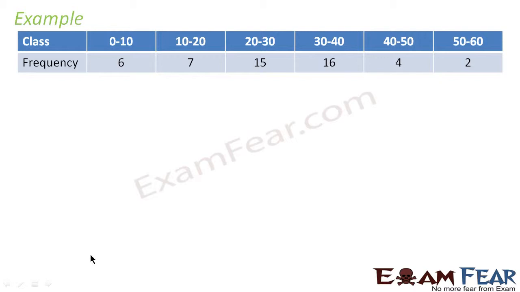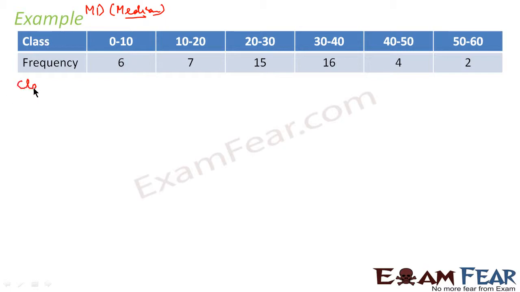So let's take an example. Here we have the classes 0 to 10, 10 to 20, 20 to 30, 30 to 40, 40 to 50, 50 to 60, with frequencies 6, 7, 15, 16, 4, 2. Here we have to find the mean deviation about median. So first thing is we have to find the median. To find the median, let's write this in this form.